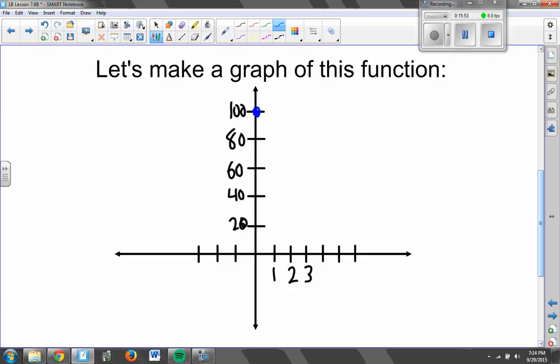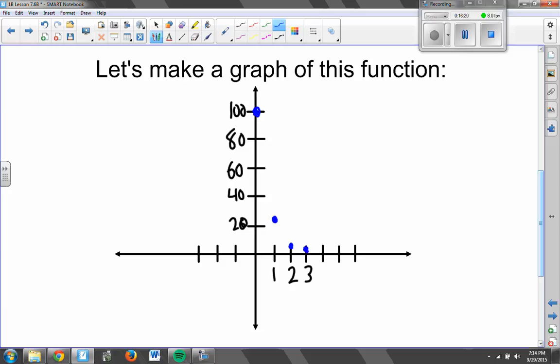And then when x equals 1, my y value, if you remember from our table above, was equal to 25, which is right there. And then when x equaled 2, our y value was all the way down to 6.25, which is way down there. And when x equaled 3, we were almost down at 0 already.